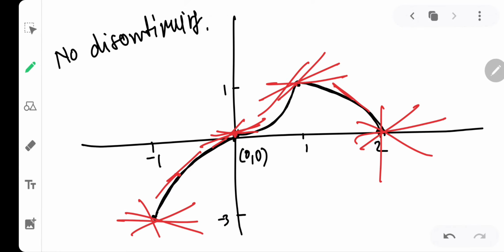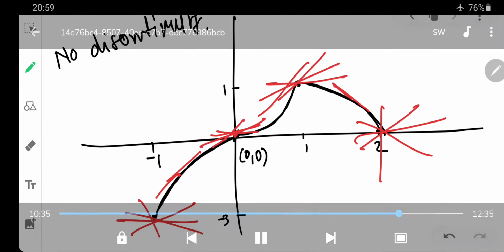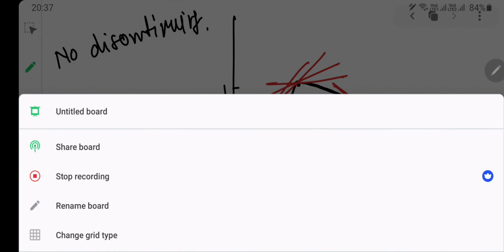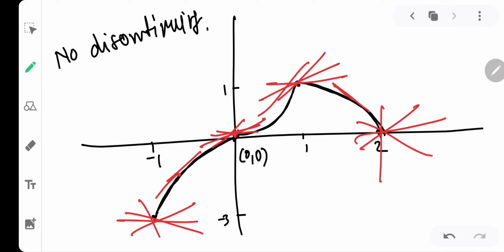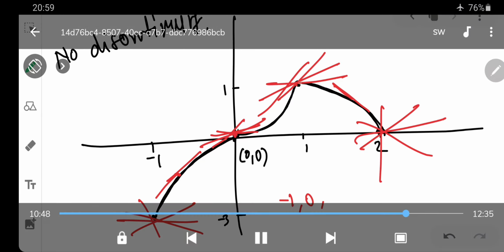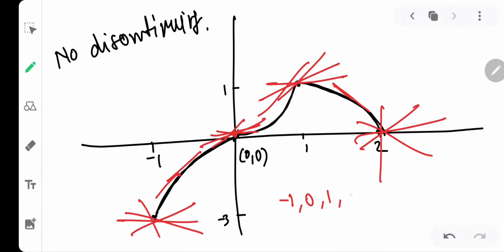Are you getting it? It means that if you can draw only one tangent, a unique tangent, then it is a differentiability point. And if it is a sharp corner, then you can draw many tangents, infinite tangents. Hence it is a non-differentiability point. Hence the points of non-differentiability are definitely the endpoints, which is -1, then 0, and then you see this 1, and then you see this 2.